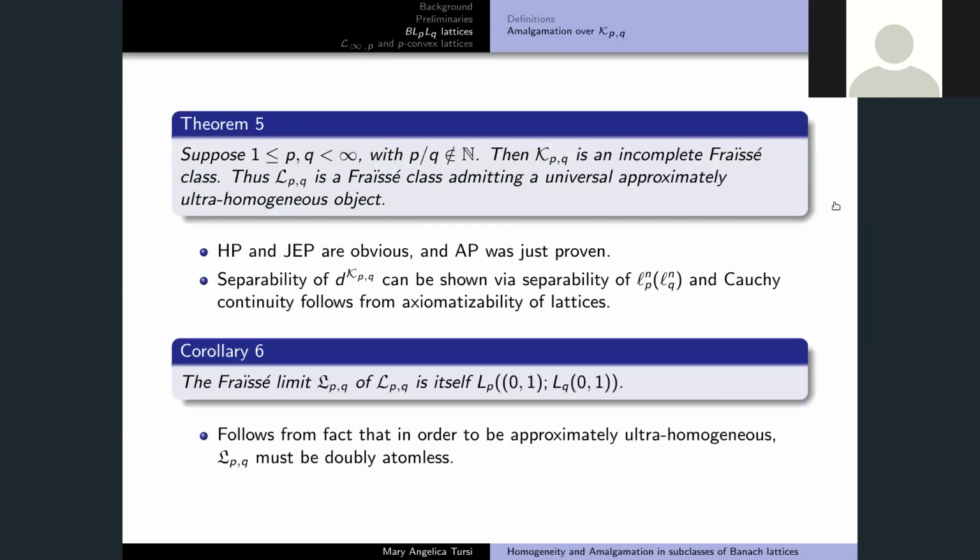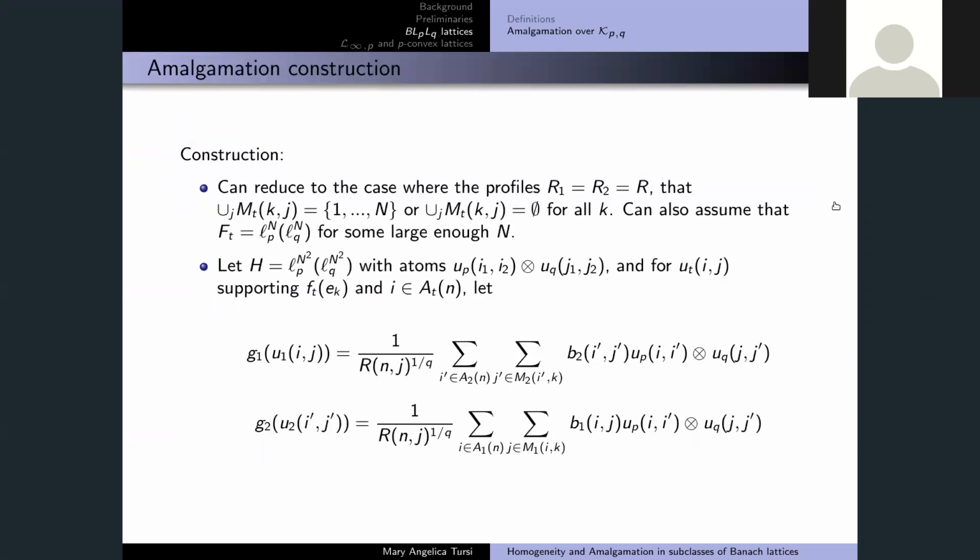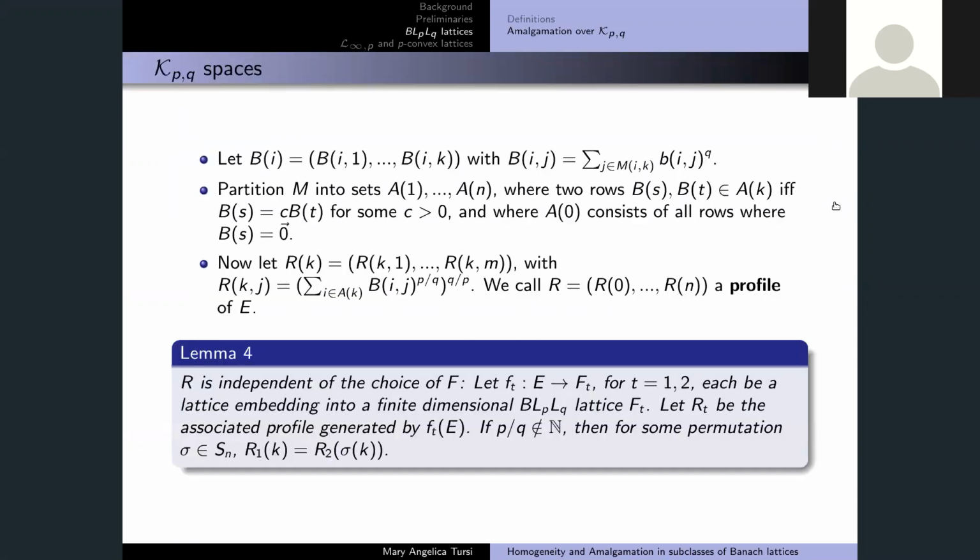Oh, okay. So basically, let me see. I think it comes up here. When constructing these profiles and showing that the profiles are the same independent of the choice of your map, up to some permutation over the rows, of course, the way I ended up proving that involved some multivariable calculus.